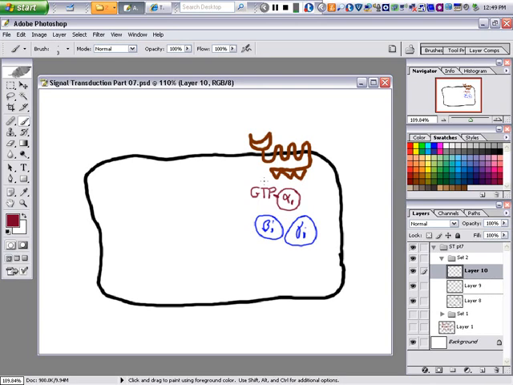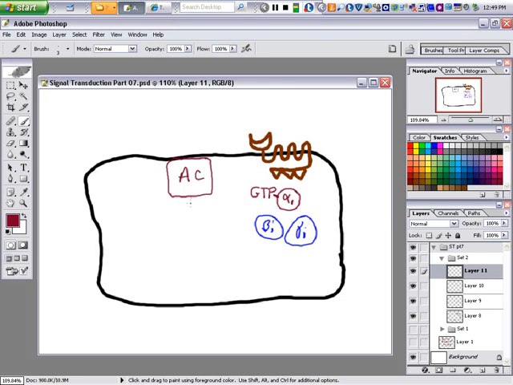Okay. Now what's going to happen here? We're going to have adenylate cyclase here again. So here's adenylate cyclase. Adenylate cyclase is in the lung cell.